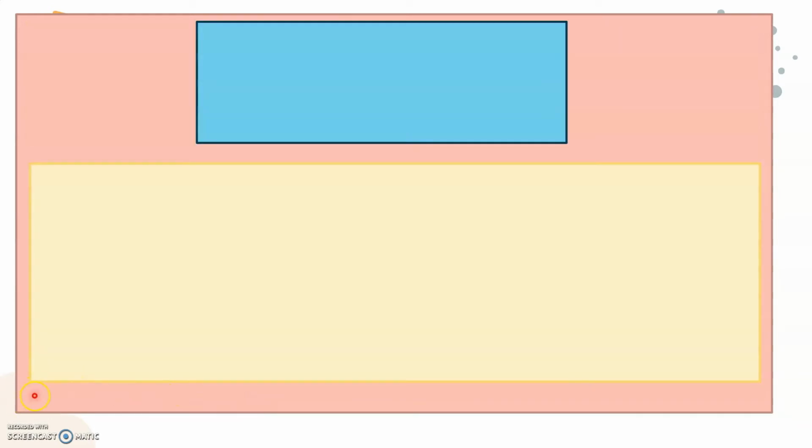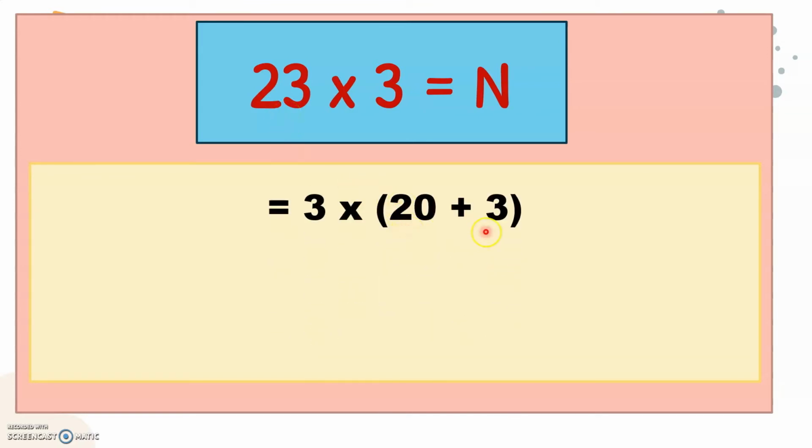How about the distributive property? So again, using the distributive property, we can break up our 2 digit factor into the sum of the value of its digits. So 23 can be written as 20 plus 3. Then we'll multiply this by our 1 digit factor.